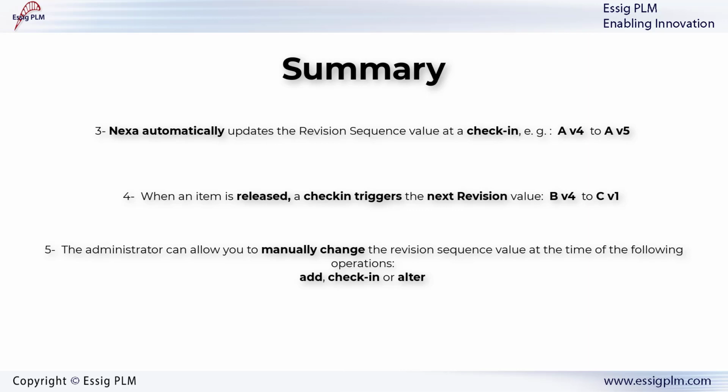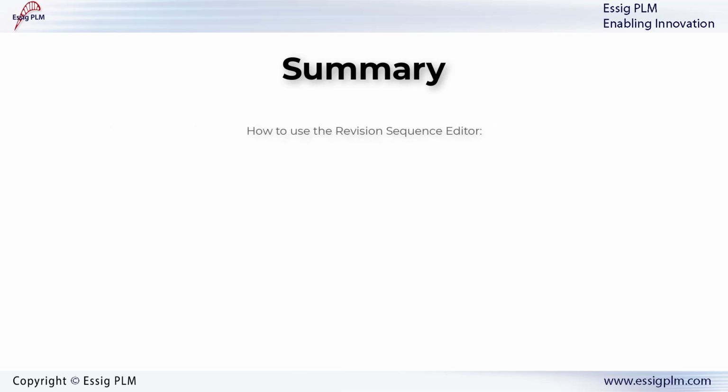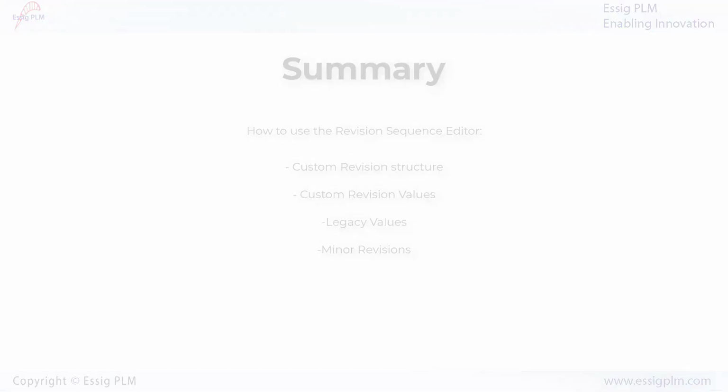Please remember that modifying the metadata of a file during an alter operation does not trigger any automatic revision sequence update from Nexa. Finally, we have seen how to use the revision sequence editor to easily build custom revision sequences that can incorporate legacy values and minor revisions.